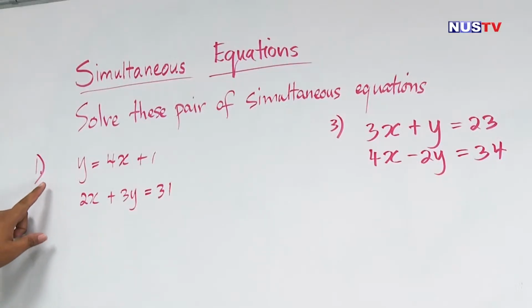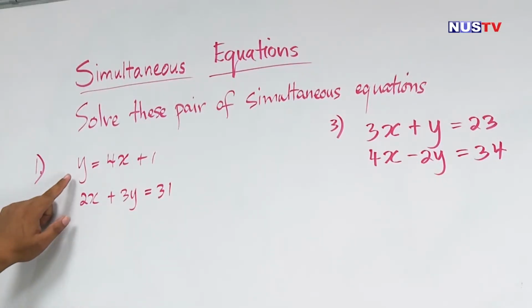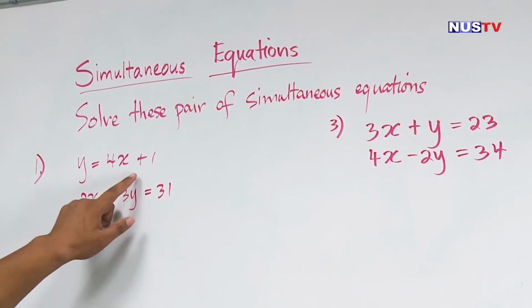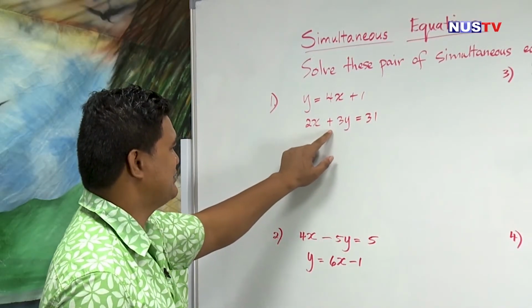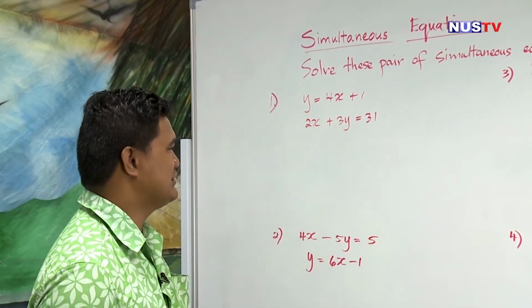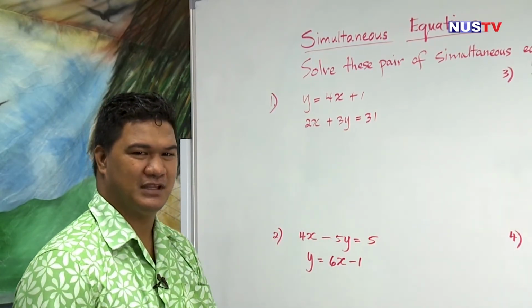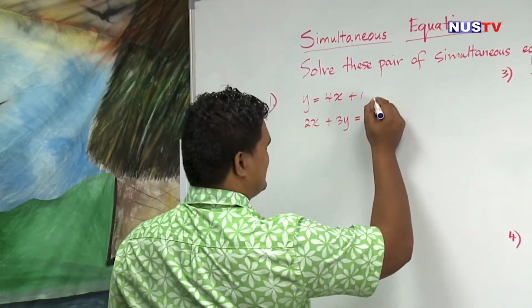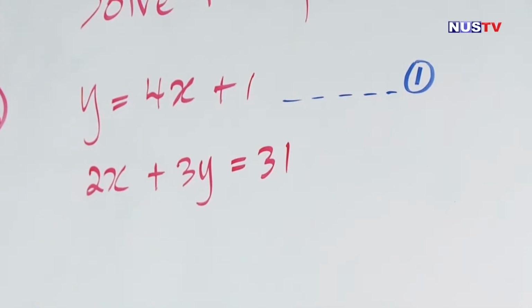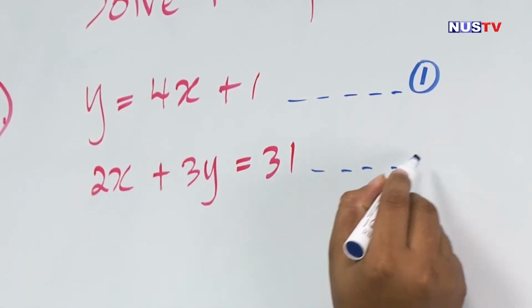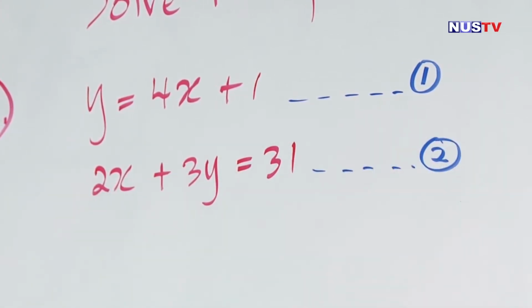So when we look at our number 1, so we have y is equal to 4x plus 1, and the other equation will be 2x plus 3y, and that is equal to 31. So let's say our first equation, so let's mark our first equation number 1, and this will be our second equation.